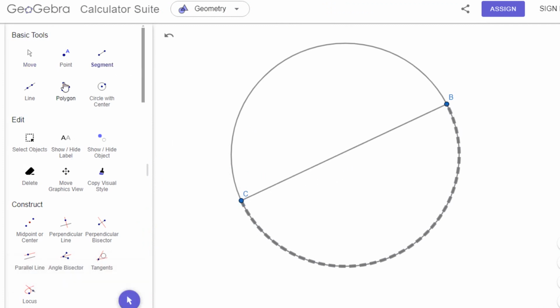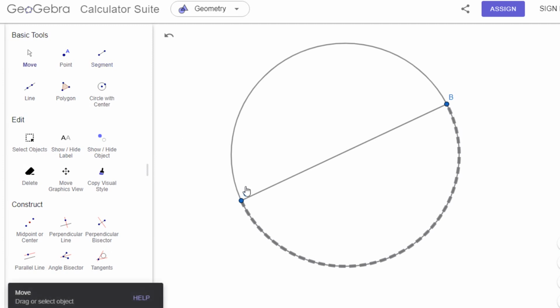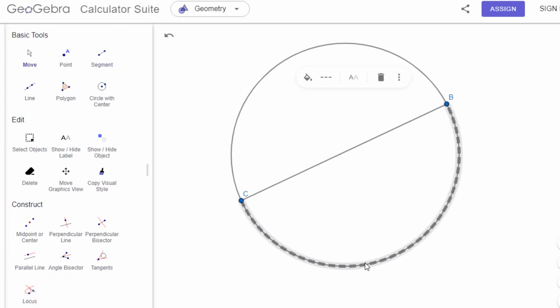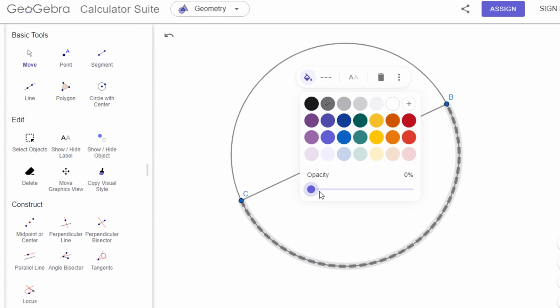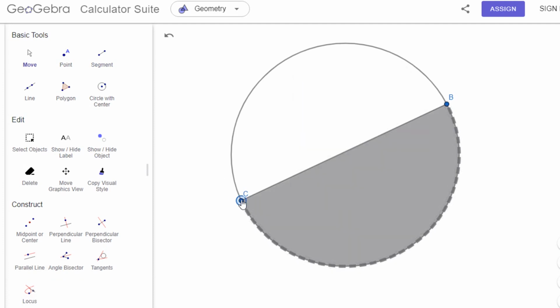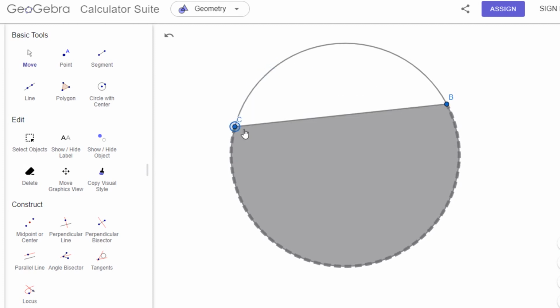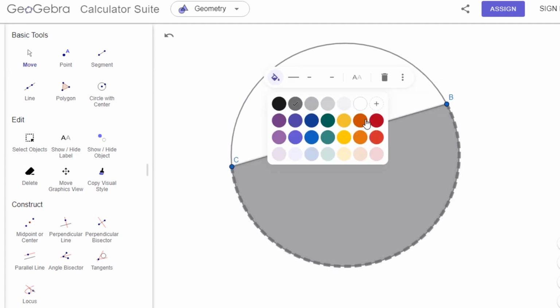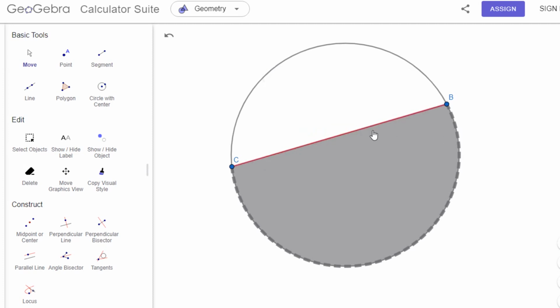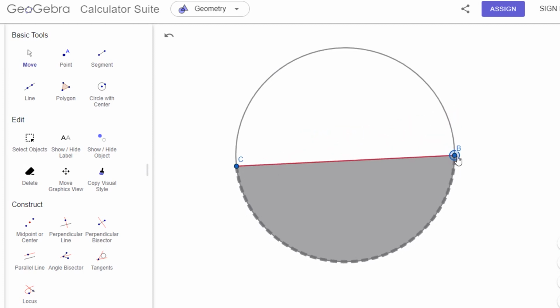So that's what we call the segment. So let me just highlight this so that you can see it. So there it is. So that's the segment. As you can see, it's an area bounded by this dotted line representing the arc, and this, let me just add a red line, which is the chord. So this is the segment.